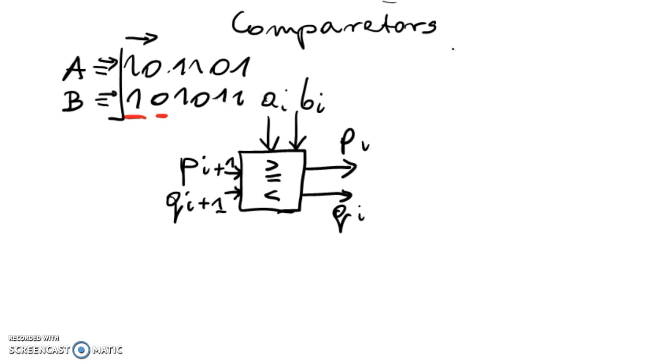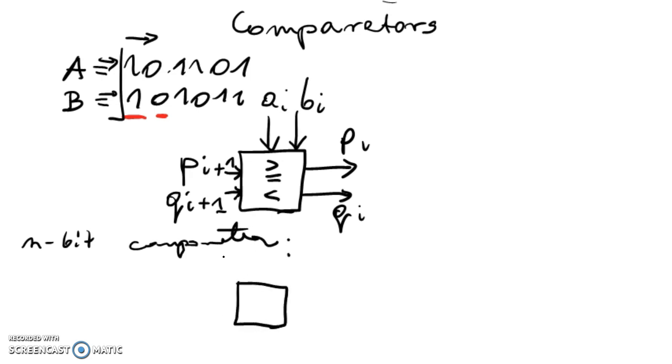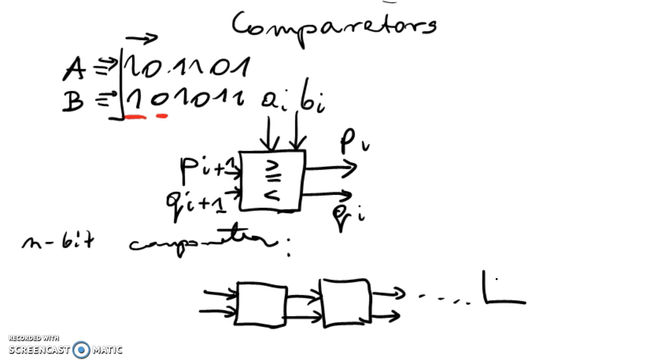In general, the n-bit comparator has the following structure. You've got the cells connected to each other in series, a similar structure as in the case of the other.